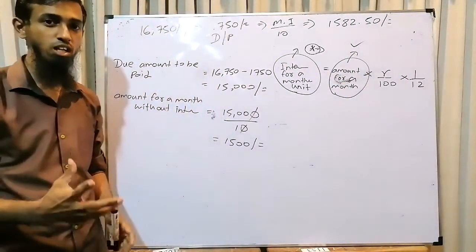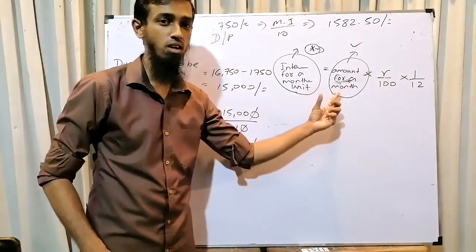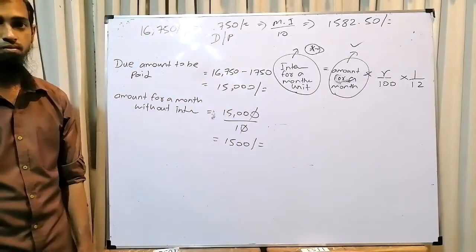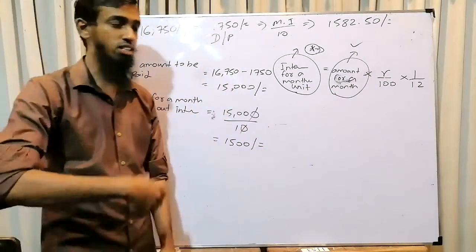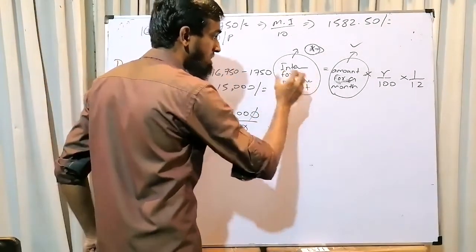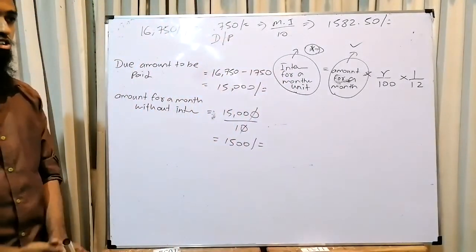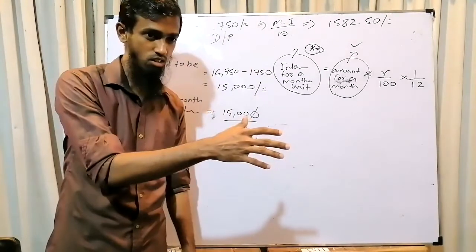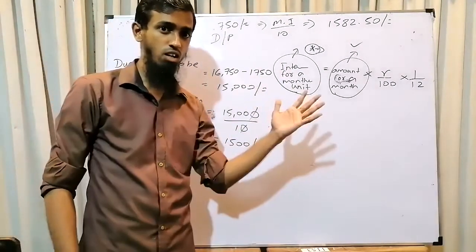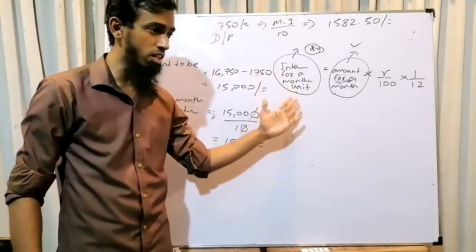There are two things we need to find the rate. One of them is the amount for a month. So we found it. Done. Okay. Secondly, we need the interest for a month unit. Remember with the first part of this, reducing loan balance, interest for a month unit.